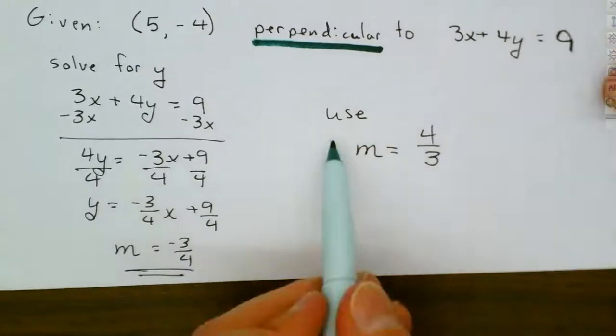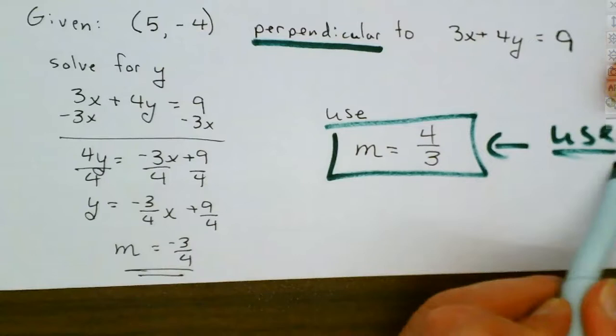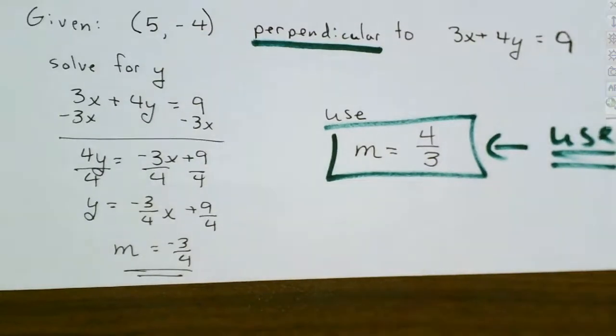That's what we're going to be using. Why are we going to be using positive 4/3? Because we took the minus 3/4, flipped it over, so that gave us our 4/3. It was negative, so we need to make that then what? Positive. Flip it over, change your sign. So that's what we're going to be using.